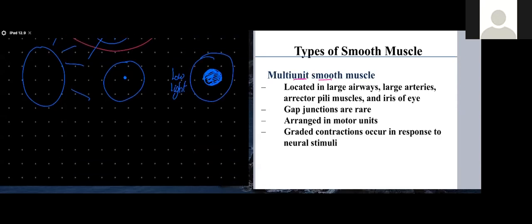What if I am sitting in a room with a moderate amount of light? Would I constrict or would I dilate the iris? What do you think? Would you fully dilate the iris or fully constrict the iris if you are exposed to a moderate amount of light?